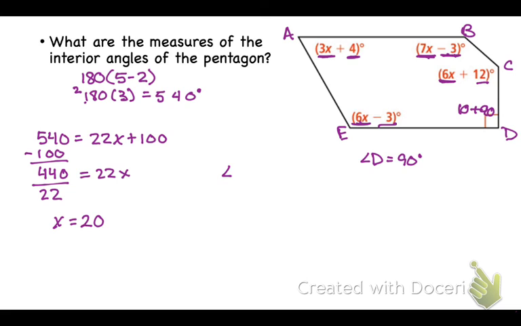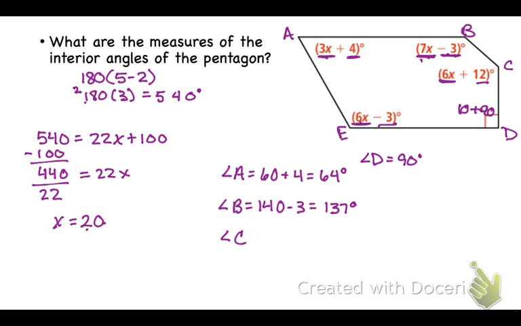So angle A is going to be 2 times 3, which is 60 plus 4 is 64. Angle B is going to be 20 times 7, which is 140, minus 3, which is 137.